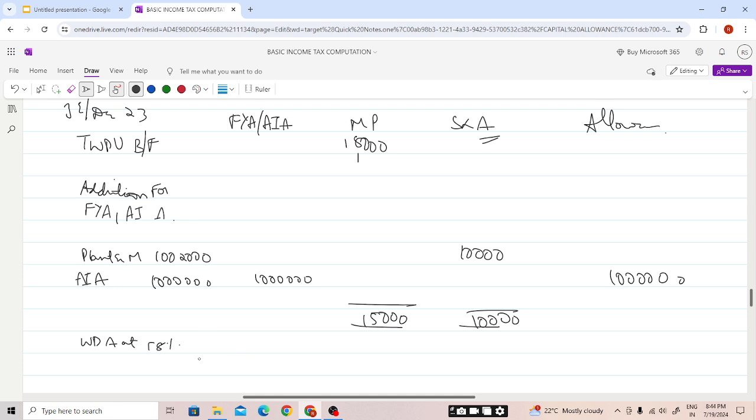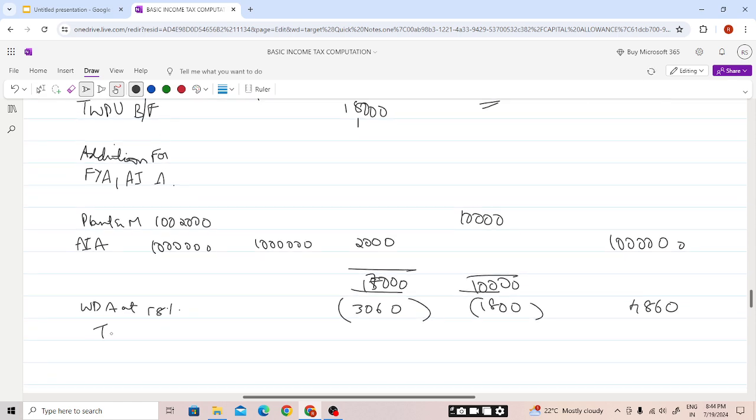So the WDA will also be at 18 percent, students. The 2,000 we forgot to add here, so it will be 17,000. So 17,000 at 18% is 3,060, and here it will be 1,800. So the total allowance we can claim, students, is 4,860.